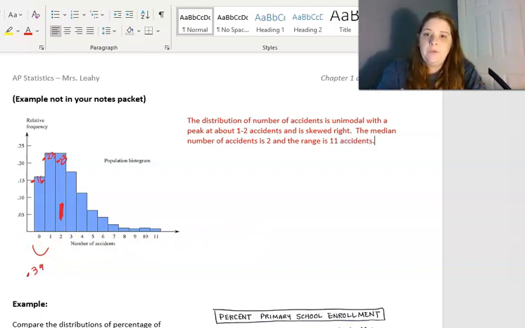Okay. All right, another thing you could say is that it looks like the majority of people have between 0 and 3 accidents, somewhere there.